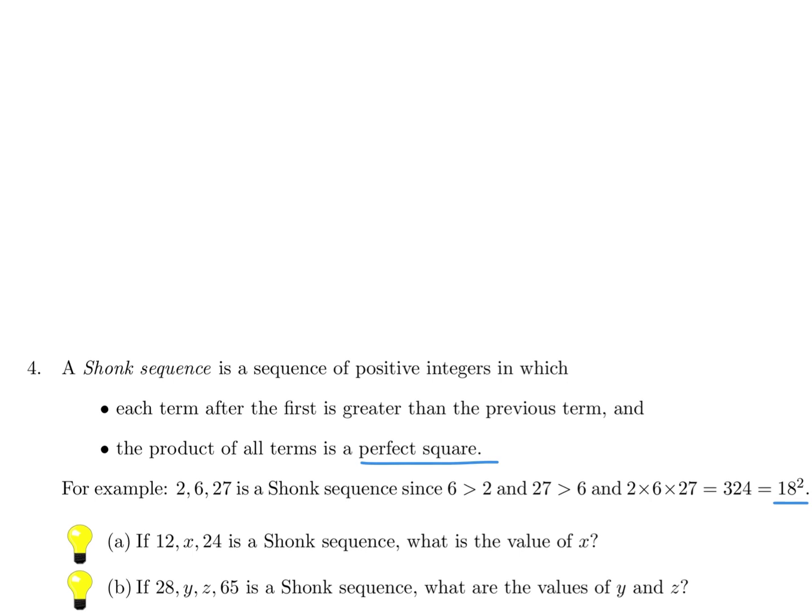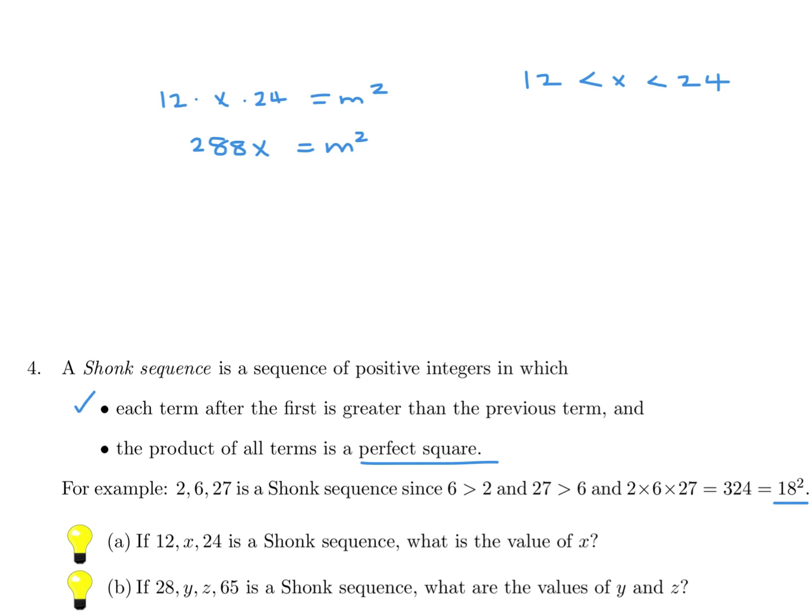Well, according to basic criteria, 12 times x times 24 would have to be some perfect square. Let's call it m squared. Well, this is 288x, and that's got to be m squared. Okay. But we also have to keep in mind that x has to be between 12 and 24 in order for it to satisfy that criteria.